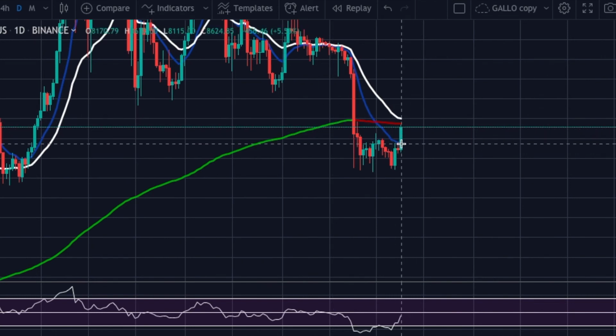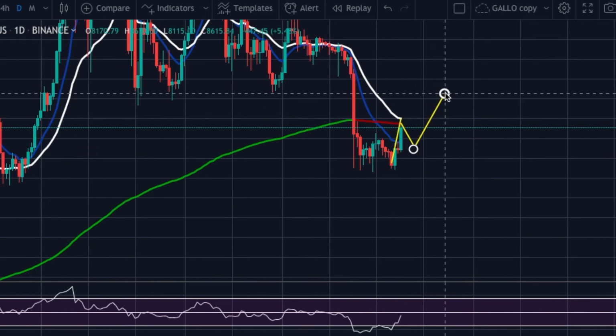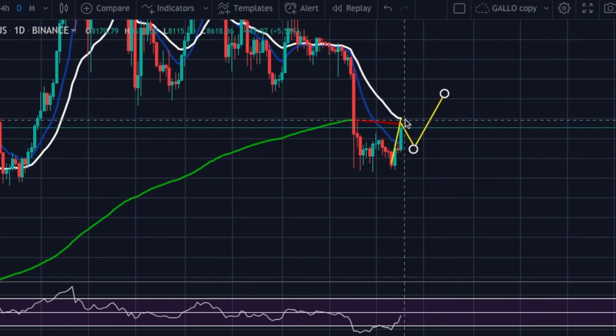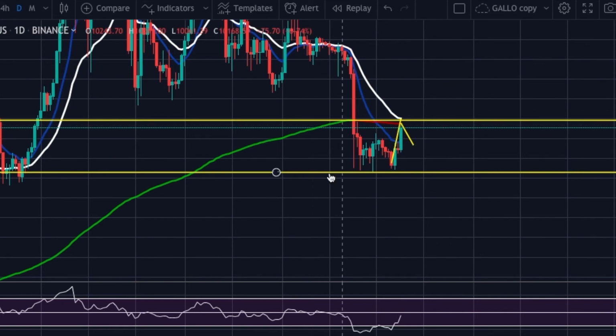And the only thing I hope is that Bitcoin is going to make a higher low and find the power on the daily to break this level, because this level is key. If you look at this range, you see this level is what we have to break in order to climb up and make this pattern become true.